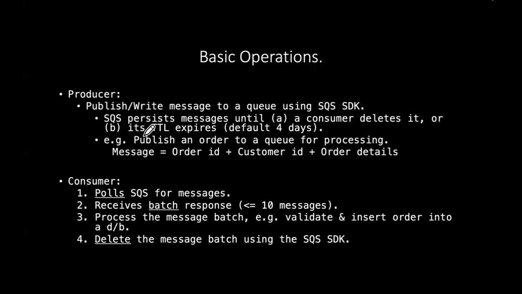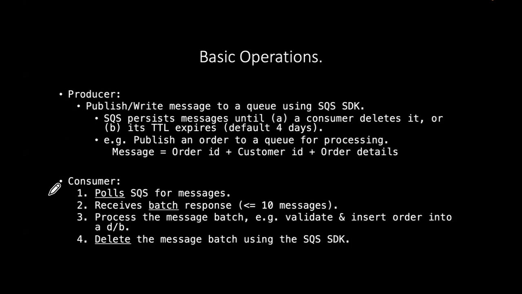A typical simple scenario might be a publisher writes an order message to a queue, where the message has whatever the various properties of an order are, order ID, customer ID, the list of products, etc., in JSON form. That might be a message.